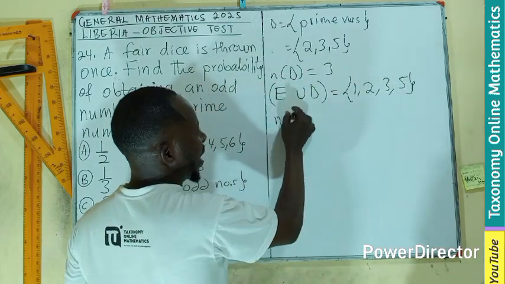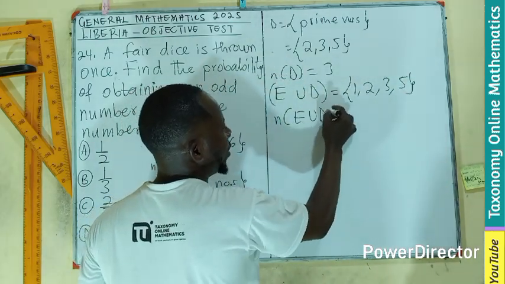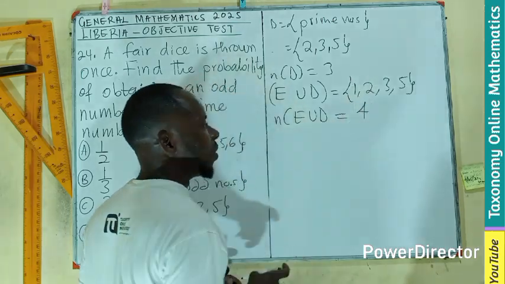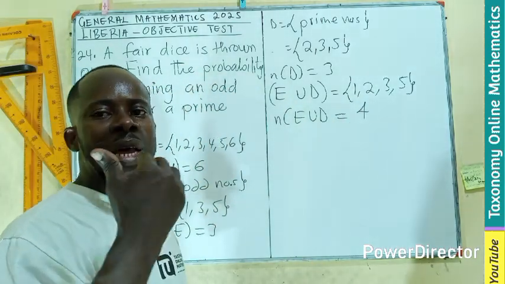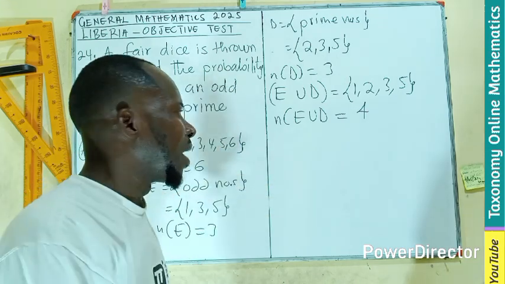So number of E union D is going to be what? 4.